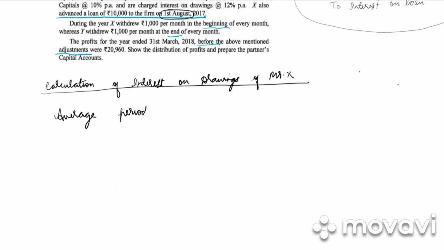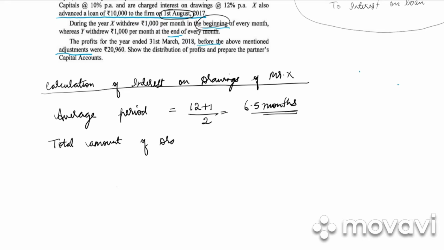He withdrew it at the beginning of every month, so it is 12 plus 1 divided by 2, that is 6.5 months. What is the total amount he has withdrawn? It is 1,000 per month, so 1,000 into 12, which is 12,000 rupees.